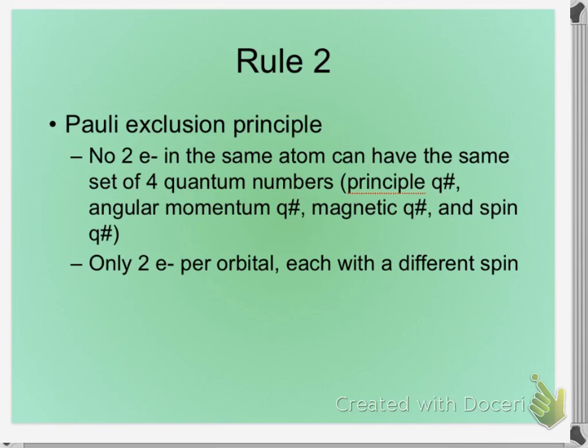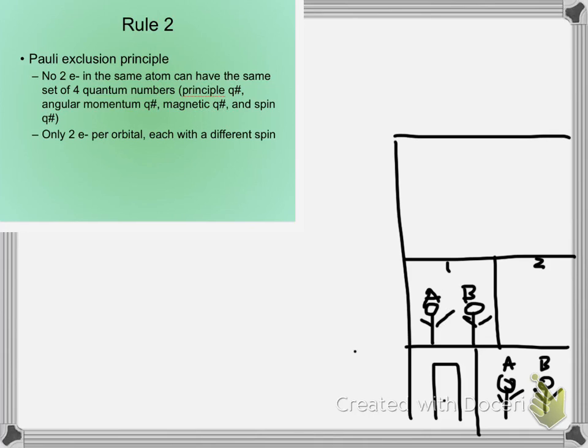But if you still have two roommates in the room, you have to differentiate between desk A and desk B in terms of where mail's going to go. So you have to be able to differentiate between the two electrons in any orbital, and we do that with spin.